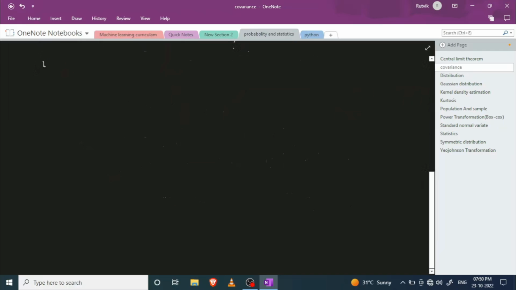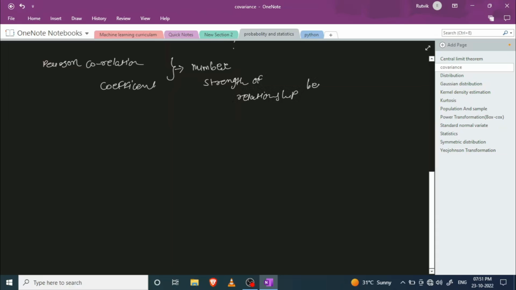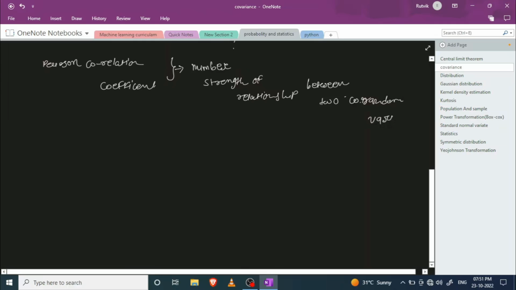So now it's time to cover the second topic, which is the Pearson correlation coefficient. With the help of this technique, we can easily identify the number or strength of the relationship between two continuous random variables, right?